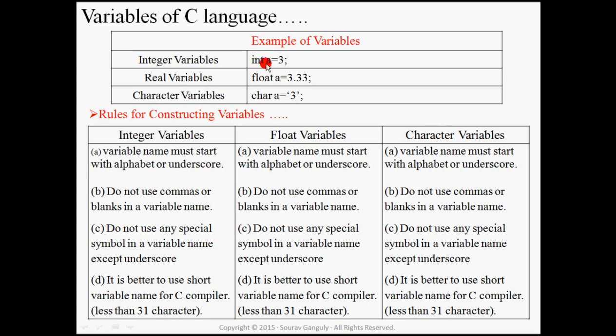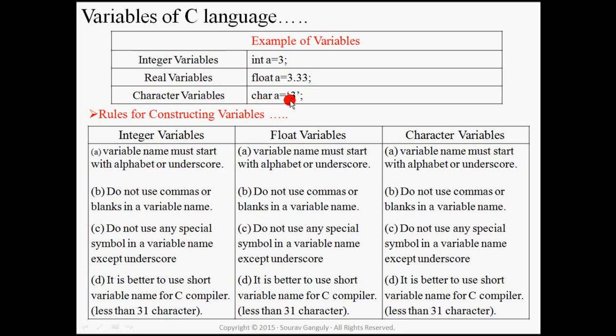In the first case, A is a variable of the type integer, so A can hold a constant value of the type integer. No decimal point is present here. In the next case, A is of type float. That means it can hold a value with a decimal point. Here A holds the value 3.33.